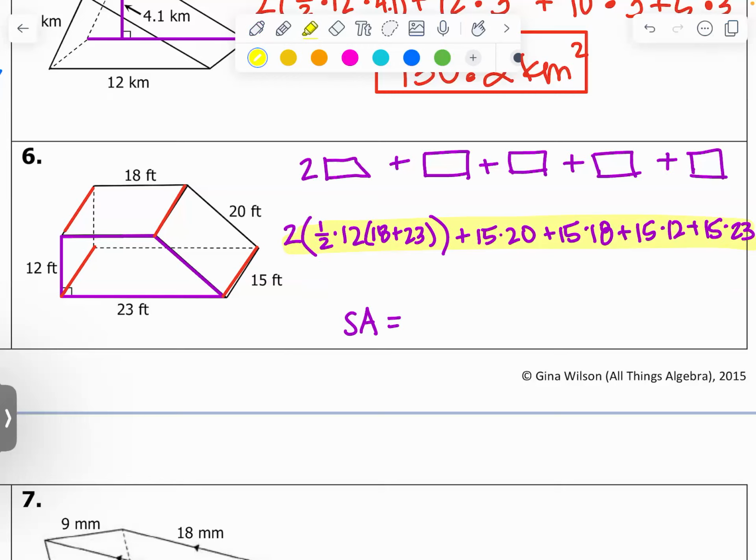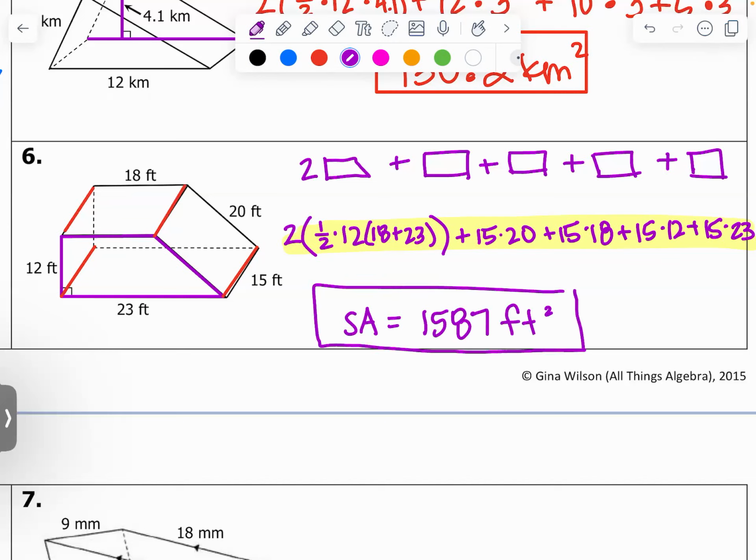What are you getting? 1,587. Okay, thank you. Harvey, do you agree with that number? 1,587. What'd you say? Wait, is that not right?